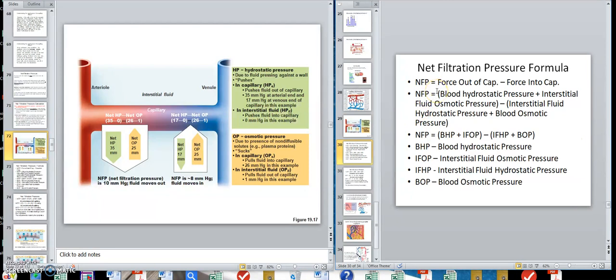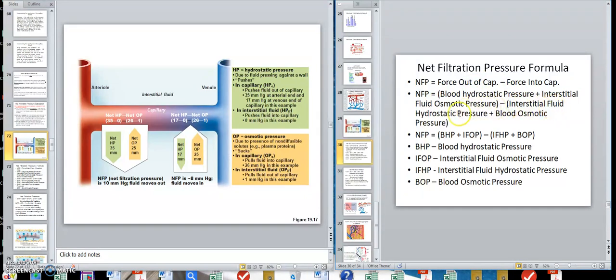Net filtration formula. The NFP equals the force out of the capillary minus the force into it. The NFP therefore would equal the blood hydrostatic pressure, which is the push out, plus the interstitial fluid osmotic pressure. That's a pull out, but both of them are force out.